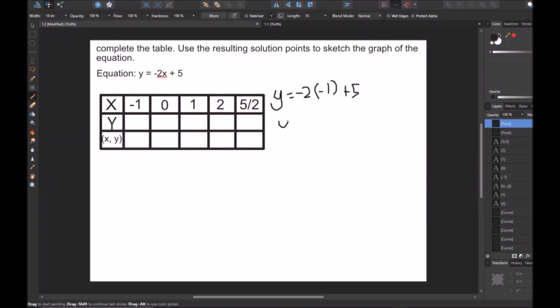And negative 2 times negative 1 is 2, because a negative times a negative is positive. And we get 2 plus 5, and we get y equals 7. So then our first point that we would end up graphing on the graph is negative 1, 7.